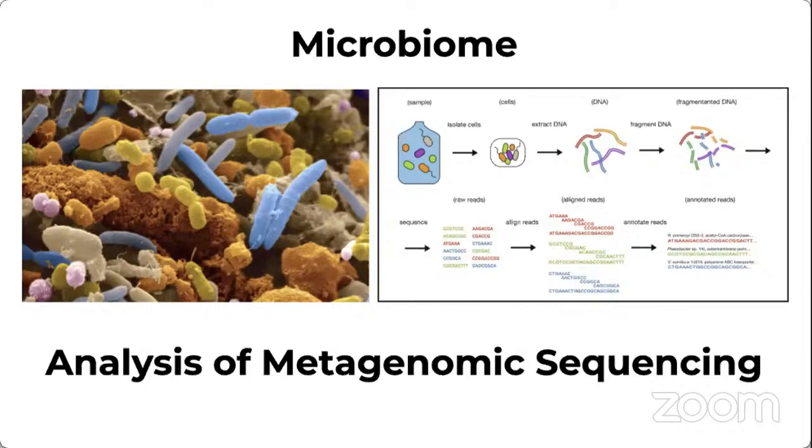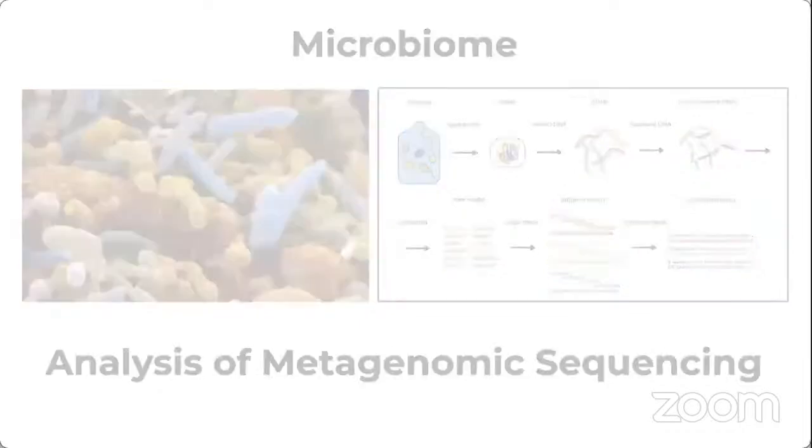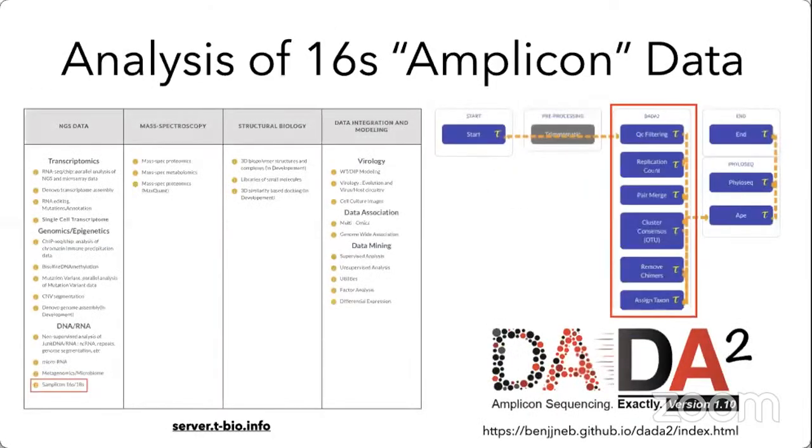So for example, like the ribosome, which can be compared to a database of its own sequences. Such an analysis is commonly referred to as 16S ribosomal RNA, because we are taking that one specific gene to quantify what type of biological organism is present in the sample, and it's called 16S amplicon data.